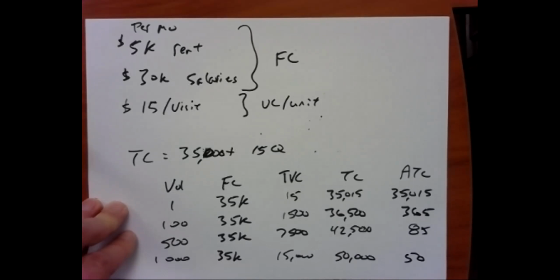Back in the day, we had these expensive department stores in small towns. And then Walmart rolled in, and with its massive fixed cost, but its massive volume, it was able to drive down its average total cost way below what the mom and pop stores could do.